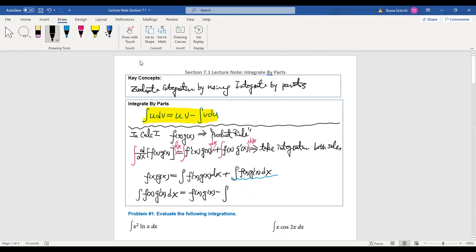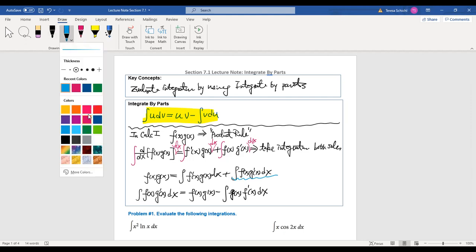So this is g of x, then this is f prime x dx here, okay? So in here, take a look here. If inside your integration, you can totally separate it into two parts.